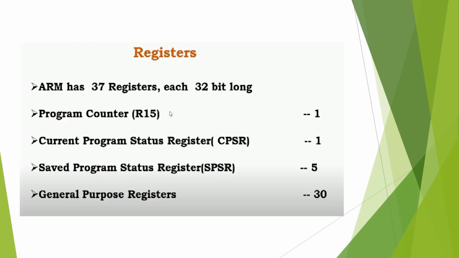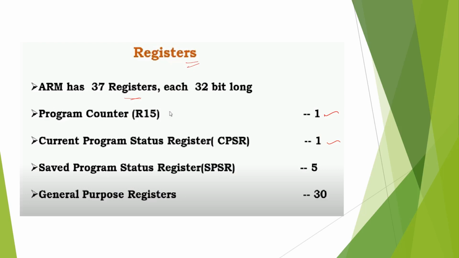Now coming to the registers section. ARM has 37 registers, each 32 bits long, and each can handle 32-bit long instructions. And we have one program counter to locate the address of the next instruction, and one current program status register, CPSR, which is very, very important.